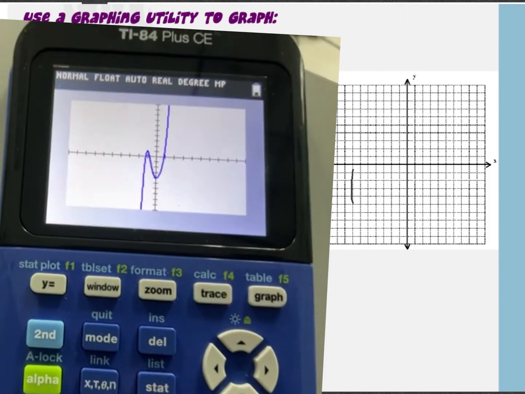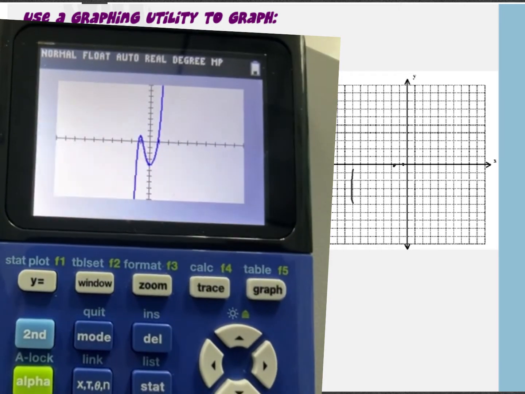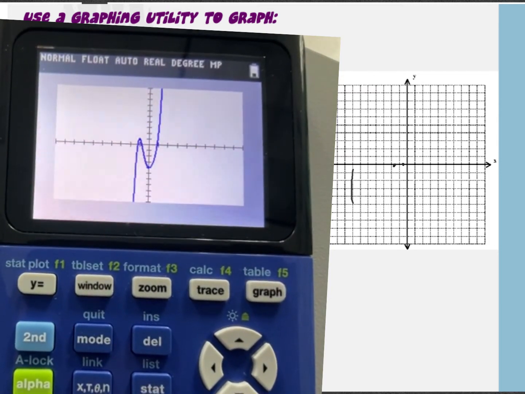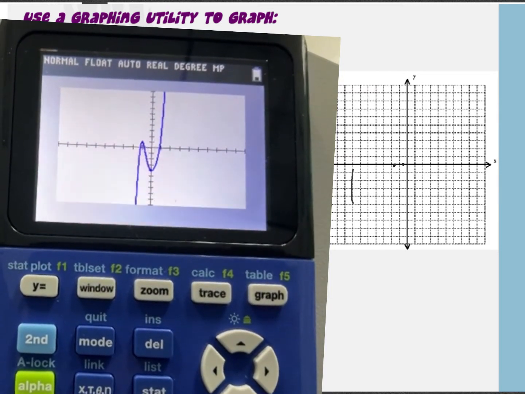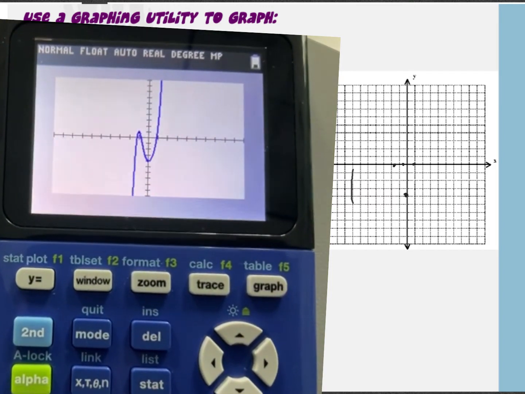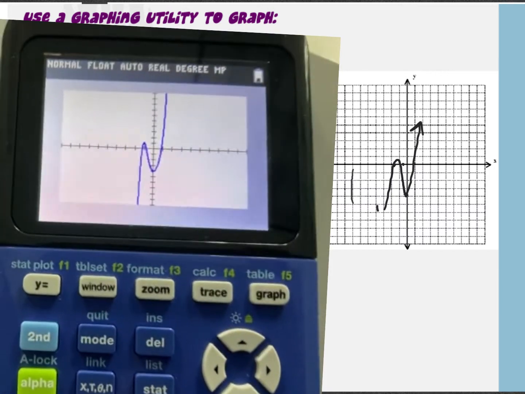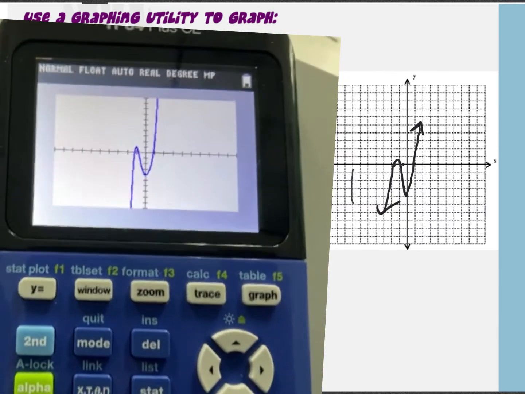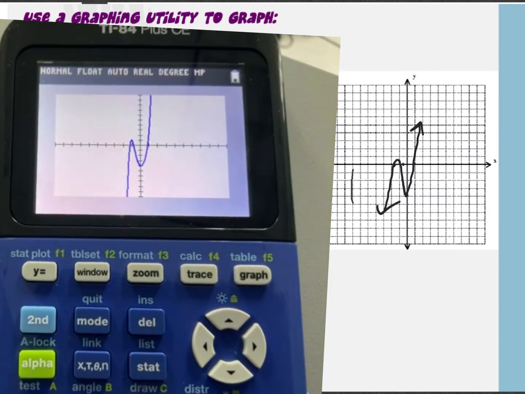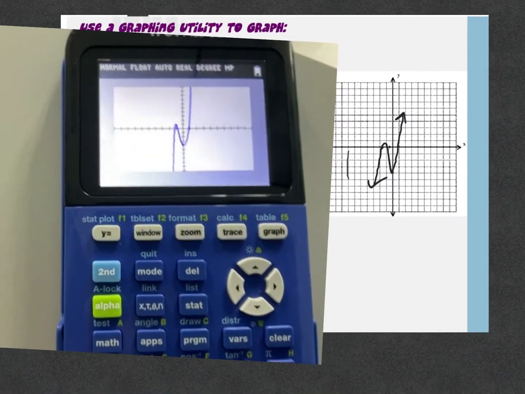So I'm going to come over here, and this is going in between -1 and -2, and then back in between 0 and -1, and then 1, 2, 3, 4, around 4, and then around 1. Again, it doesn't have to be perfect, but something similar to what you're seeing in your calculator is what you want. Now I need to use my calculator to find the zeros and that kind of stuff. So before I close out this window, I'm going to do that.